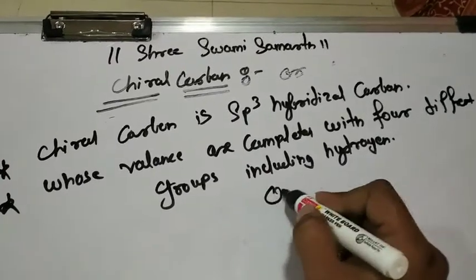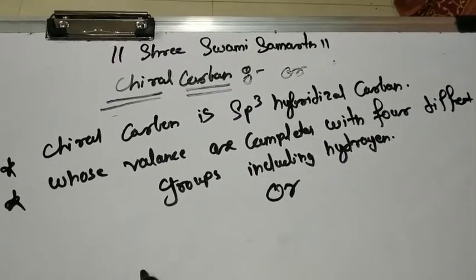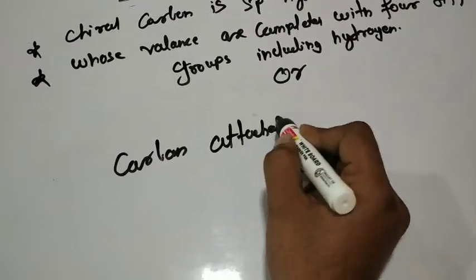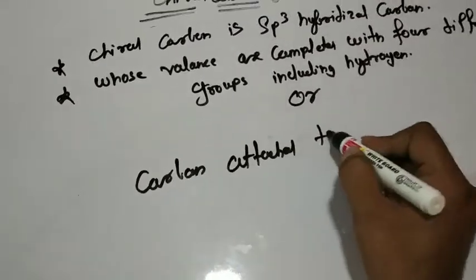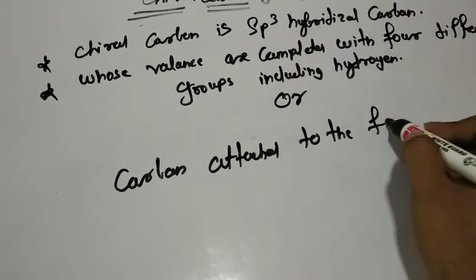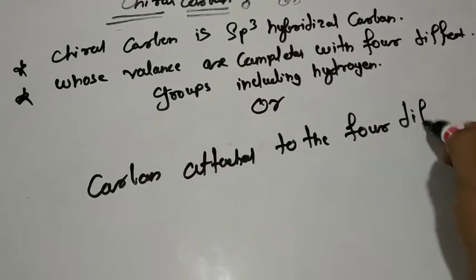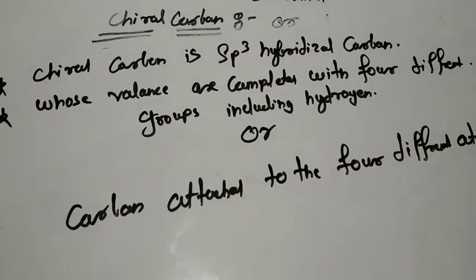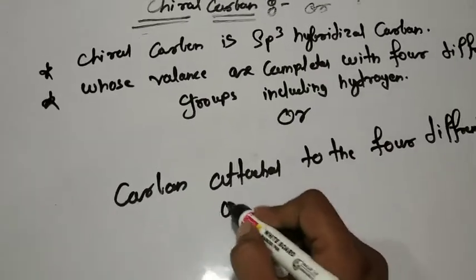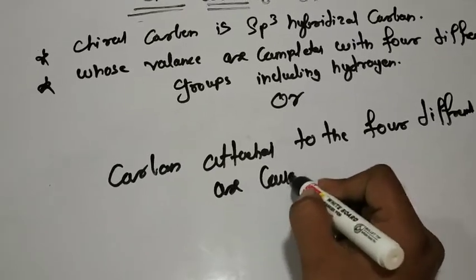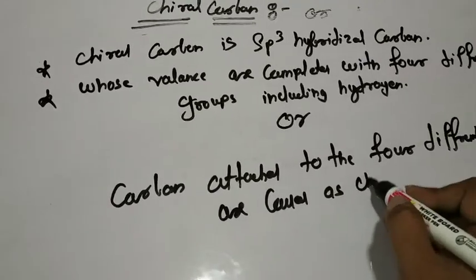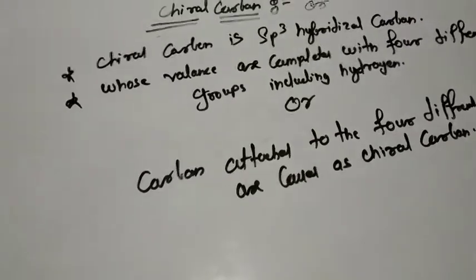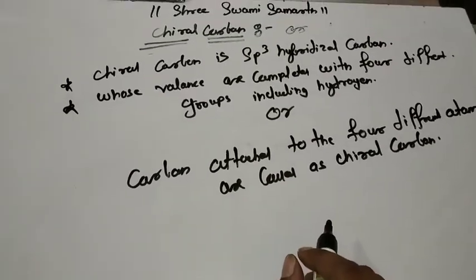The other meaning is: a carbon attached to 4 different atoms is called a chiral carbon. So this is the other meaning for the chiral carbon.